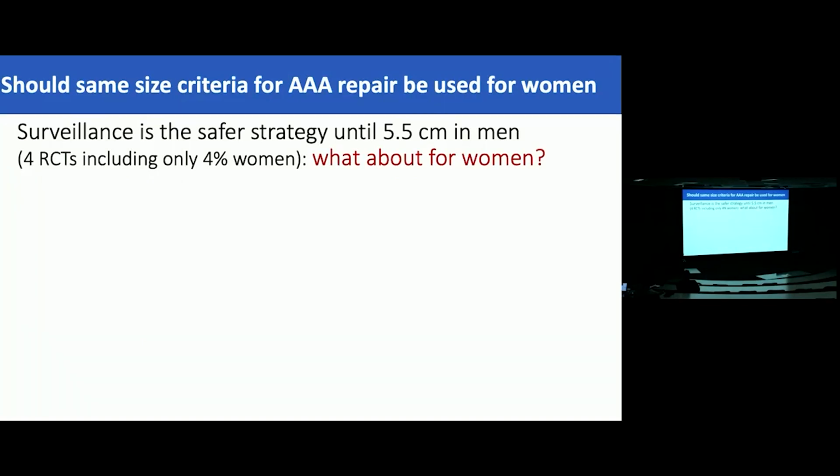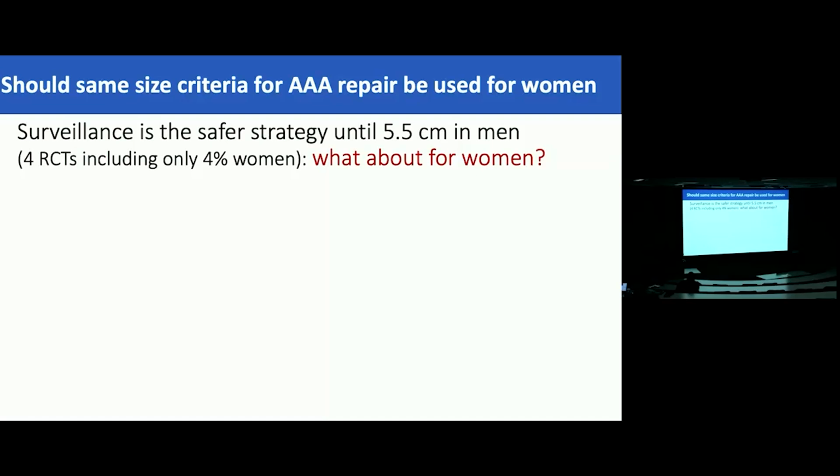So the question for this trial is, should the same size criteria for AAA repair be used for women? There have been 4 randomized trials that compared surveillance versus early EVAR for aneurysms of 4 to 5.5 centimeters, asking whether there is benefit. All 4 studies were negative.